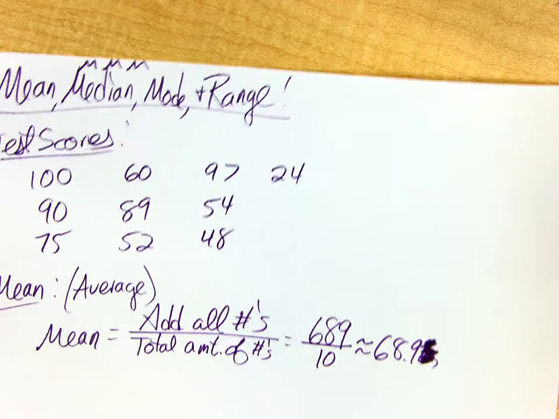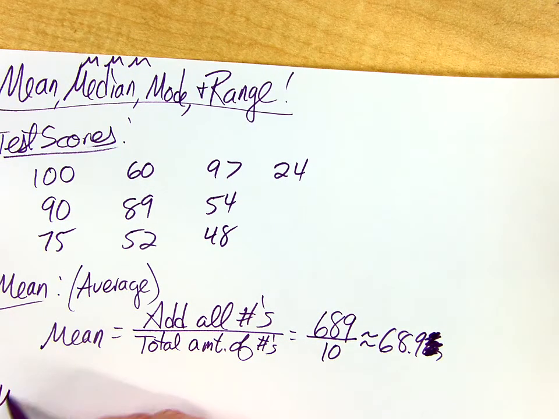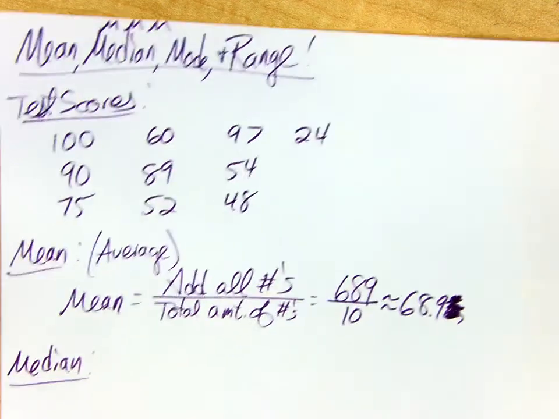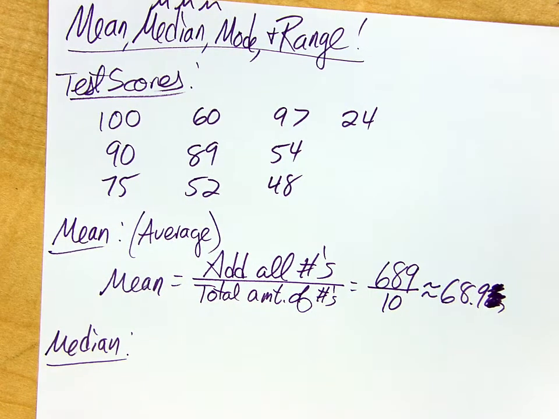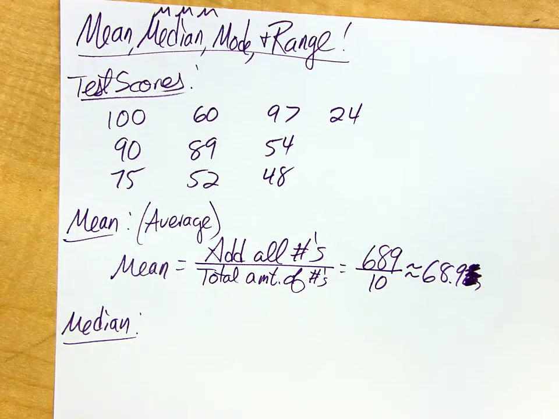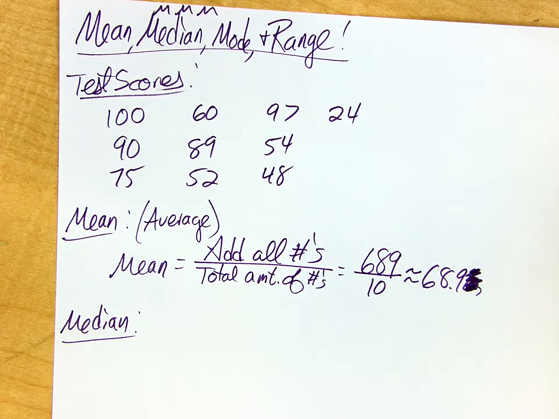Okay, now let's talk about median, because that is different. Does anybody remember how to find the median? Go ahead. So you have a group of numbers, and then to find the median, you just cross out each number on both sides until you find one or two numbers in the middle.